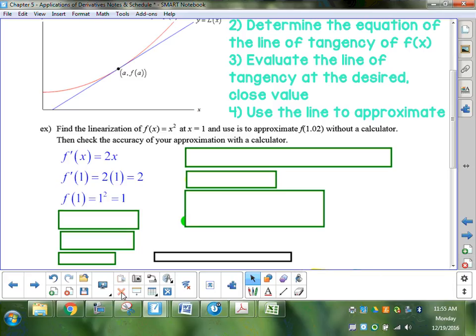What's the equation of the line of tangency going to end up being, Jake? Plug your slope in. Our slope is 2. So what would this be? Solve it out for y.